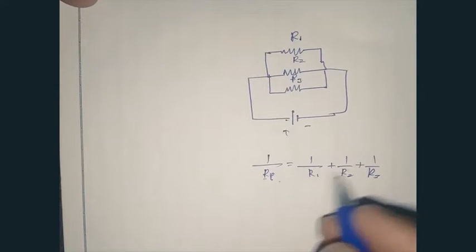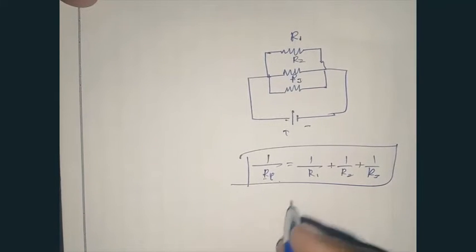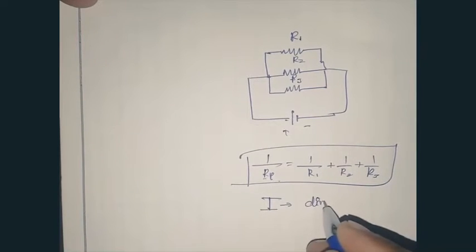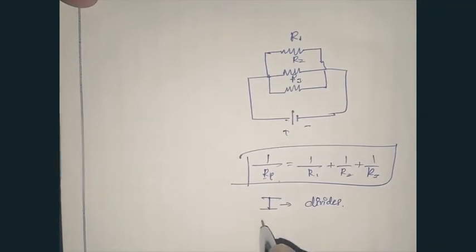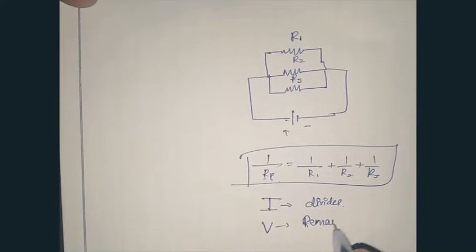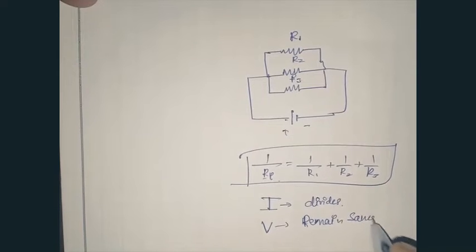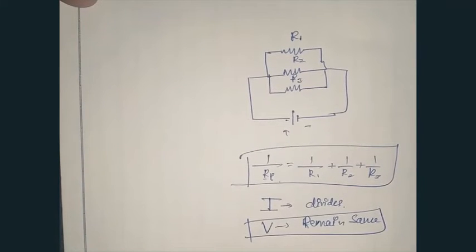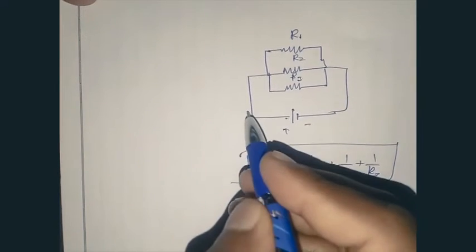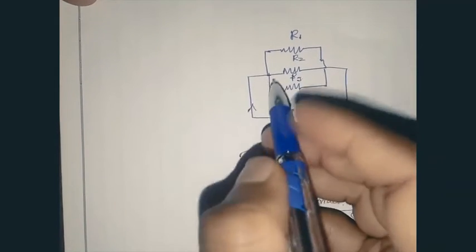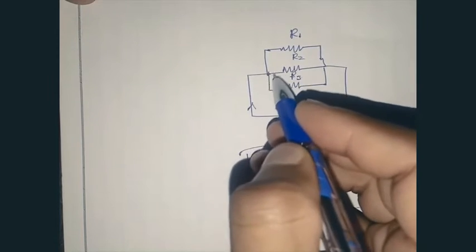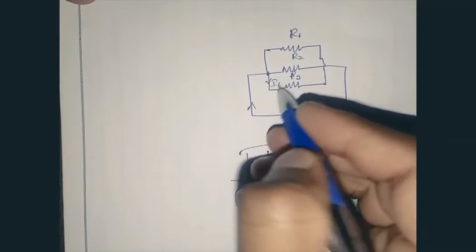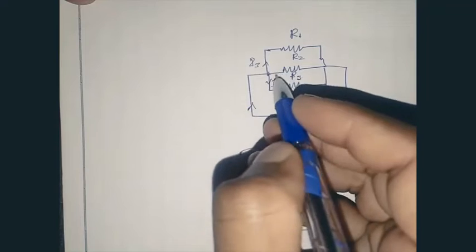And in this case, what divides and what remains the same? Here the current divides, so I divides, whereas V remains the same. Clear? If I want to know the effective current flowing through this circuit, if this is the current, while it comes here it is going to divide into I1, I2 and I3.